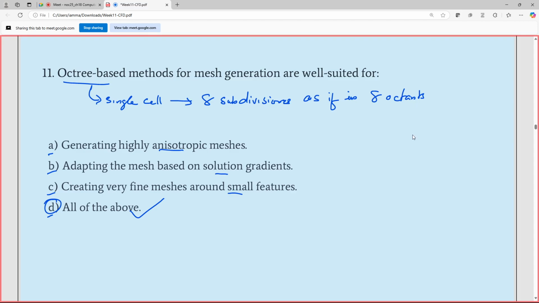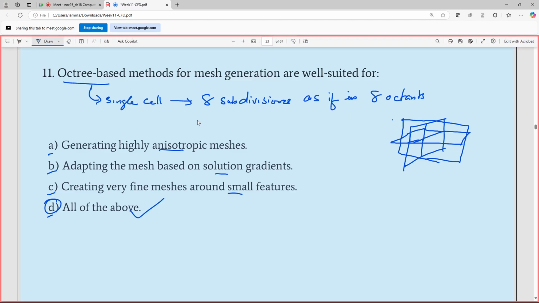If you know what is an octant, it's like if you can think of a cube.